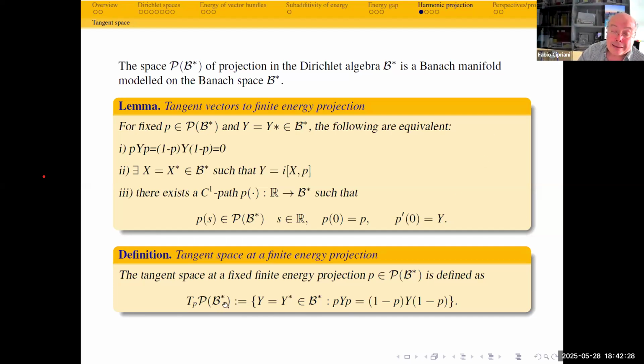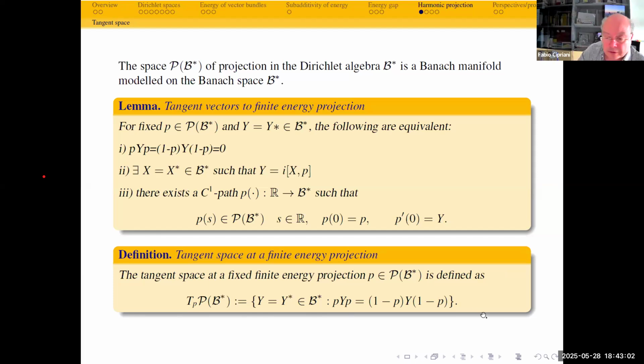So the space of projections in B star is a Banach manifold, which is modeled on the Banach space B star. It is also the quotient of two groups, a homogeneous space, but infinite dimensional.